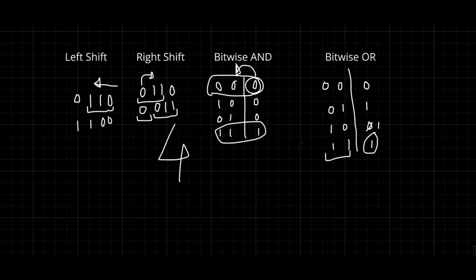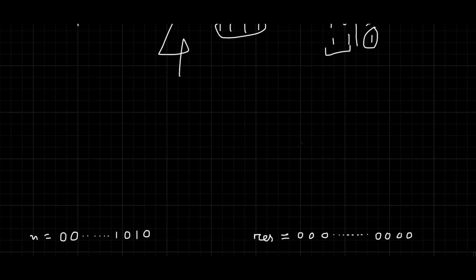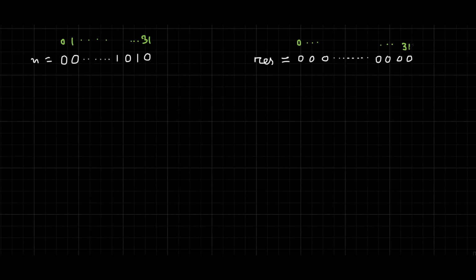Now let's see how we can do it. Here we have to reverse these bits and make the result. The input is given in the 32-bit manner.